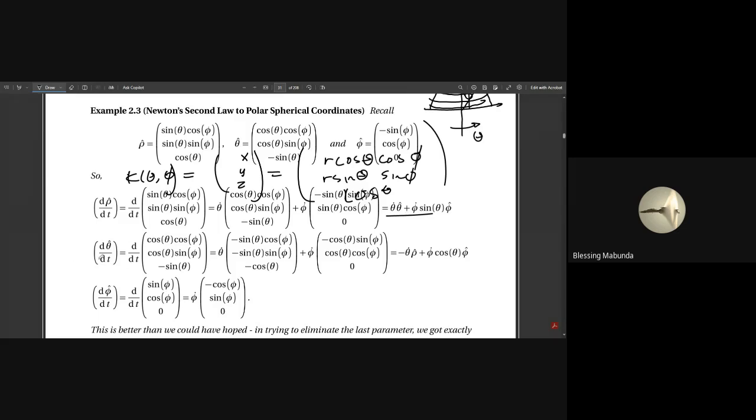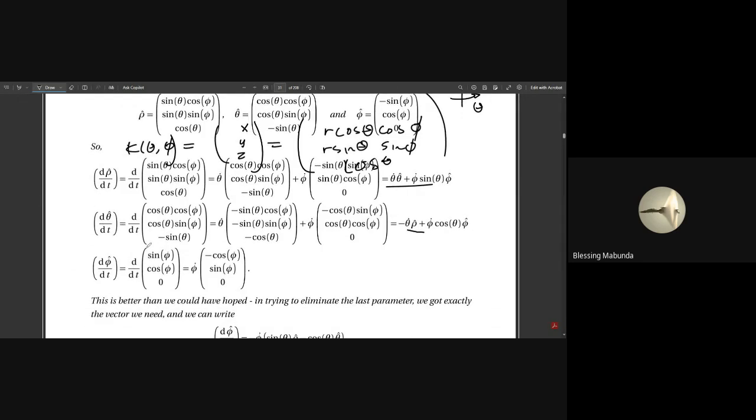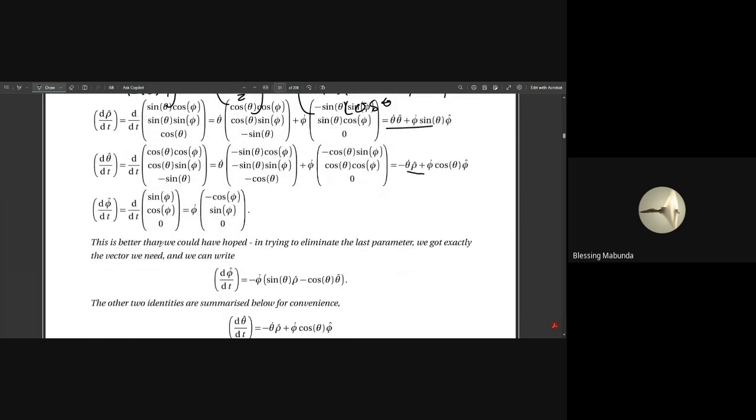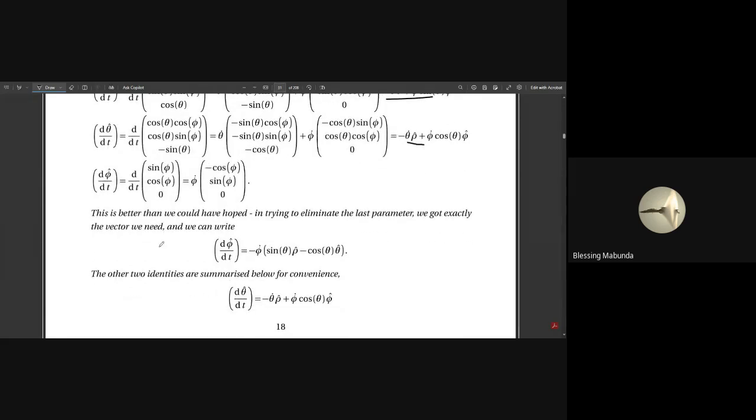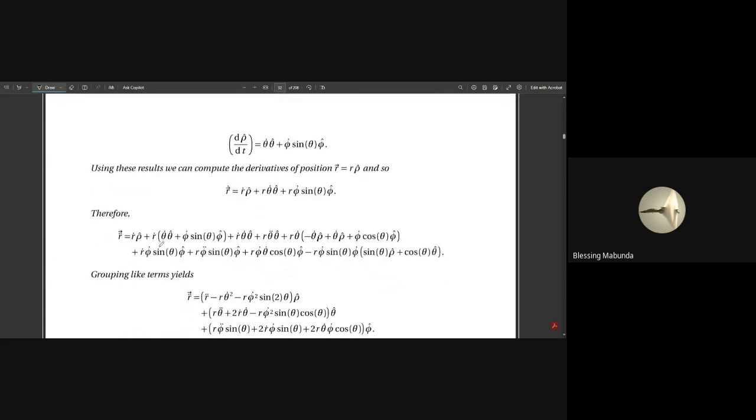And you can also do d theta hat dt, that's equal to that. And then d phi hat dt. And we're going to come back to these results to use them.